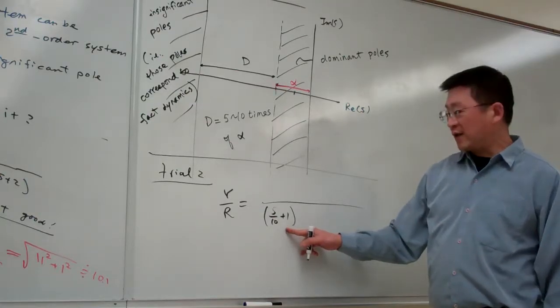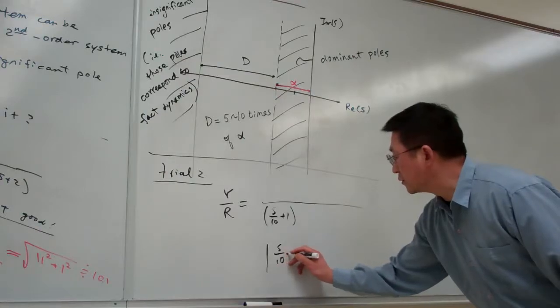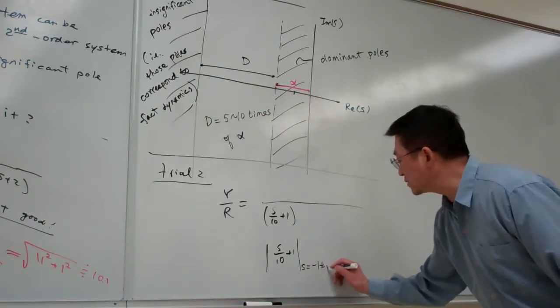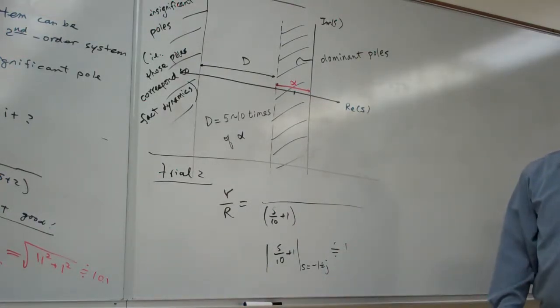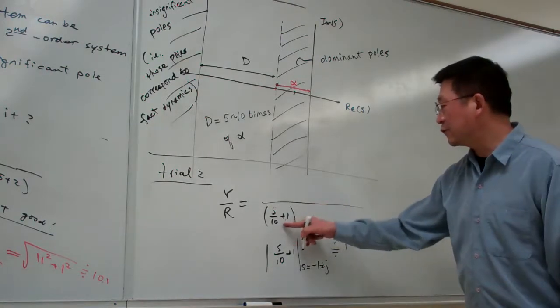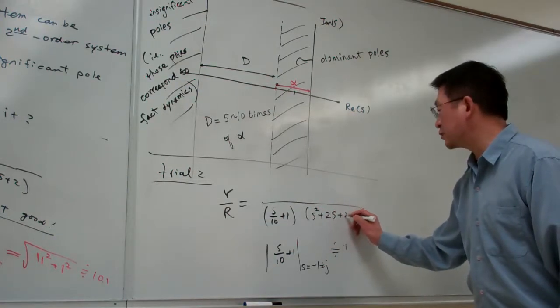Okay, and the reason is this: again, we calculate the magnitude at s equal to minus 1 plus j. This term, if you do the calculation, is approximately equal to 1. And that is a good one. So we keep writing this, and 2s plus 2.